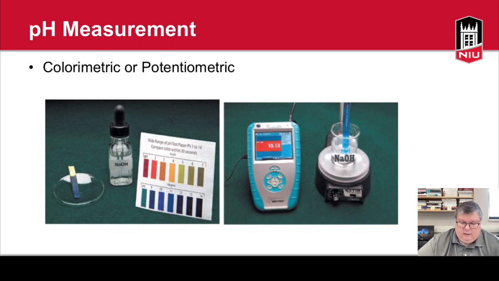And you can see here that the solution is 10.13. Potentiometric is going to be more precise than colorimetric will be. But colorimetric is often used just to get an idea as to whether you have an acid or a base.